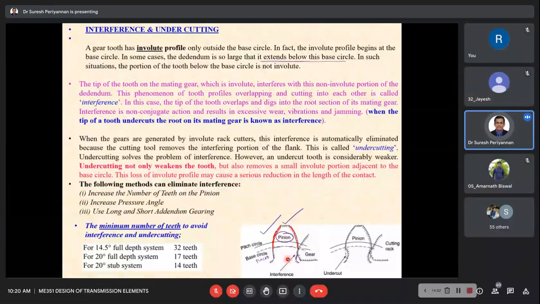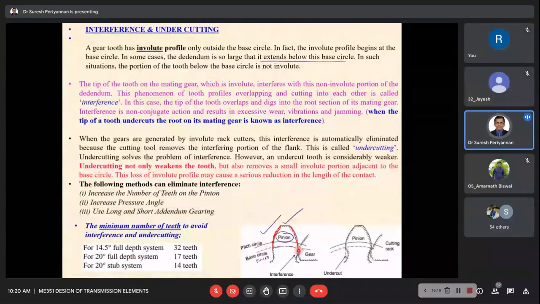How is it cutting? Now the pinion teeth are designed so that some part of the pinion tooth is in the involute portion and some part is the non-involute portion. But the gear tooth is a fully involute portion. When this is meshing with the pinion teeth, then what will happen?